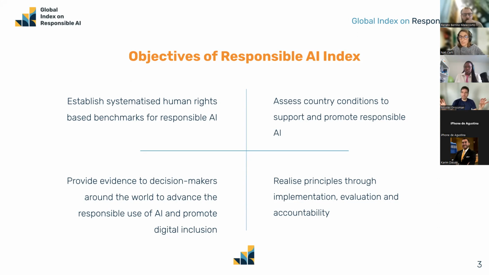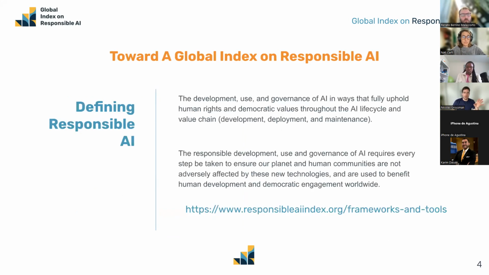When we have that ready, which will happen later this year, the idea is to provide evidence to decision makers around the world to advance the responsible use of AI and promote digital inclusion. And this is a means to realize principles through implementation, evaluation, and so on. So these are the main objectives of the project.